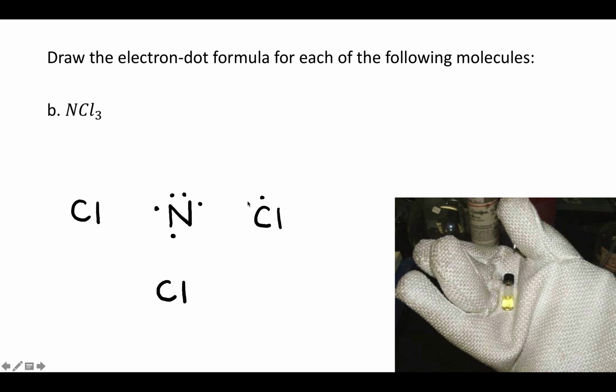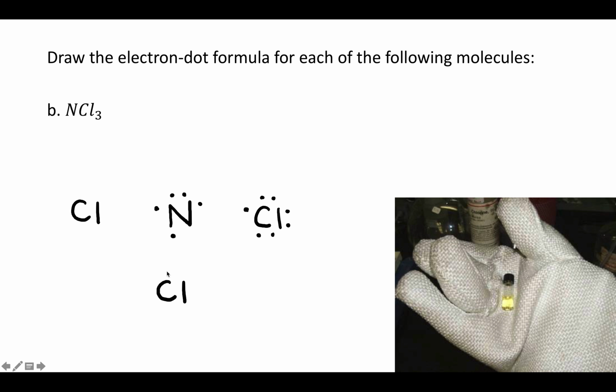Going clockwise, the next side would be the top. So that's where we put our first electron. And by doing that, we'll end up with the unpaired electron facing the other unpaired electron on nitrogen. Okay, so we have 1, 2, 3, 4, 5, 6, 7 valence electrons along that chlorine.